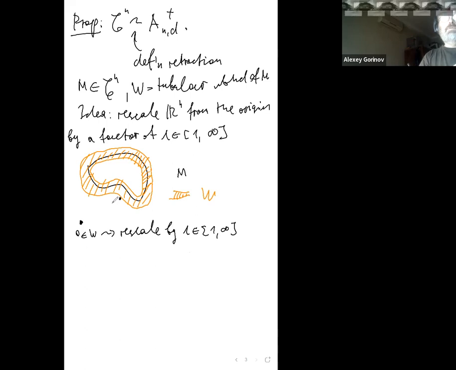Now, if the origin is inside W, then I rescale by different factors in the normal direction and in the tangent direction.